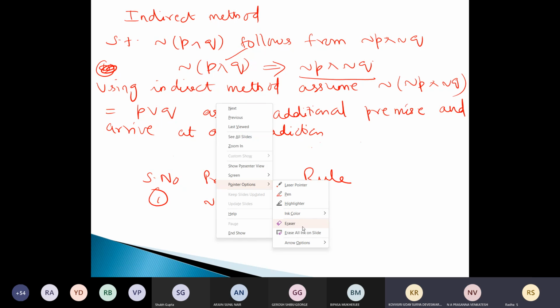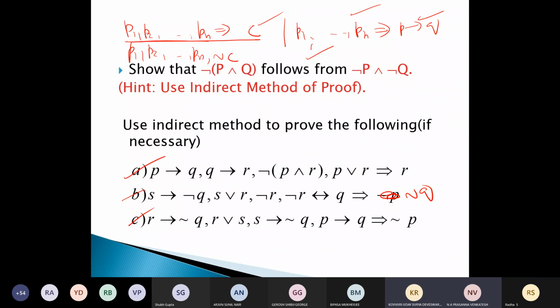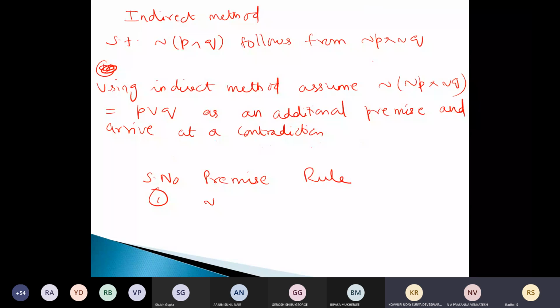I have written it the other way around. It's wrong. So everything should be erased.